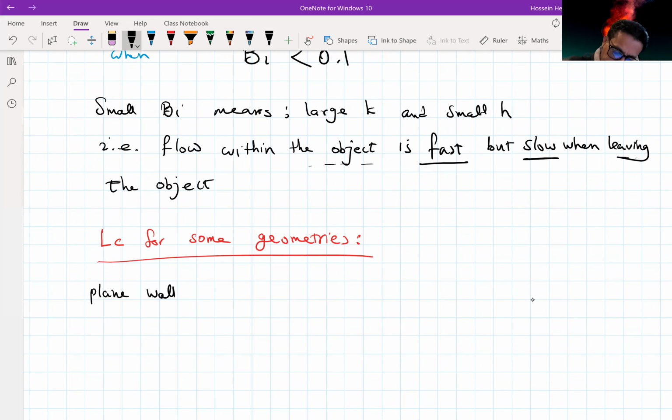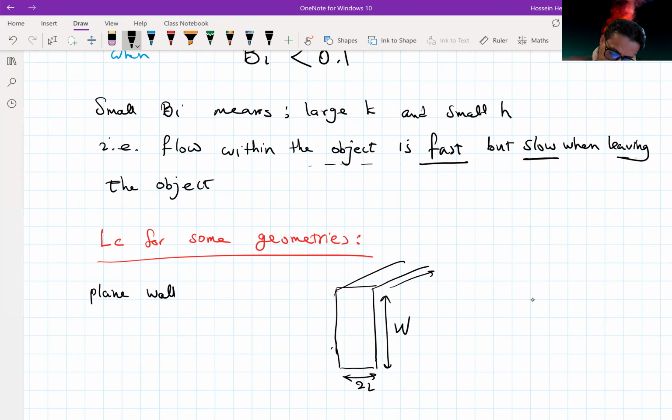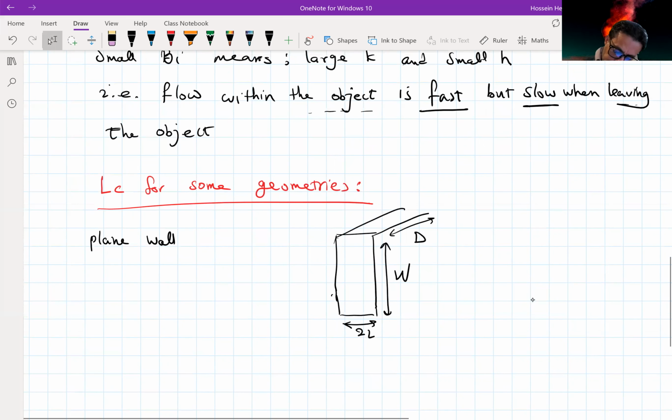This is 2L, this is W, and let's say this is the length or depth, D. I use 2L for the width of that.